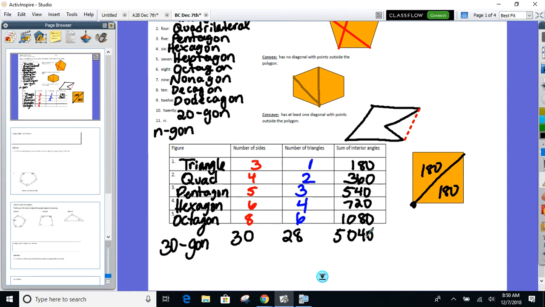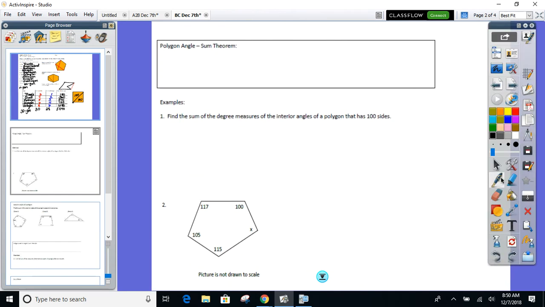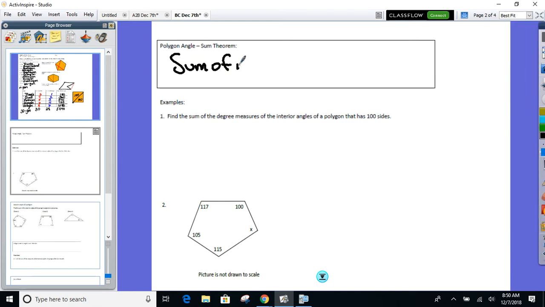Okay, so you guys basically came up with the theorem for today. The Polygon Angle Sum Theorem. It's a mouthful, but we don't need to use it in a proof. We just need to find angles with it, which says the following. The sum of the interior angles of a polygon. Anybody describe it to me before I put it into symbols here?